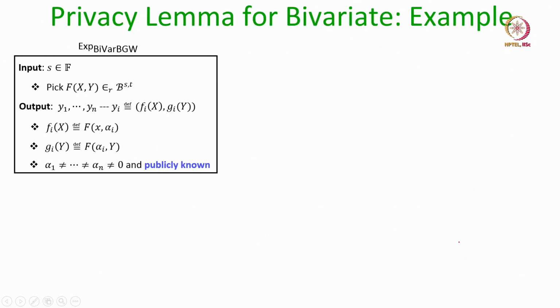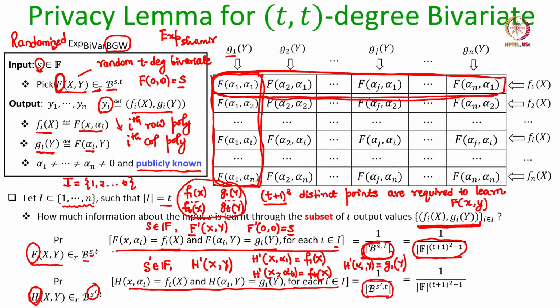And that is why both these two probabilities are equal, and we have just thus proved that if you take any pair of candidates s and s prime from the field and run this experiment with input s prime and with input s, then with equal probability they will result in the first t outputs being f1 to ft and g1 to gt.